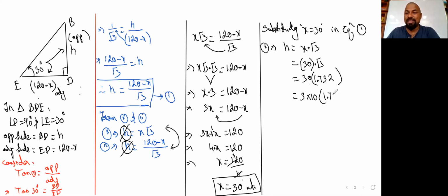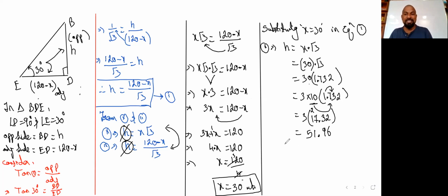So 1.732, now I'm taking this 10 and multiplying inside. Then what will happen? The decimal place will jump one more point forward. That is 3 into 17.32. Now let us multiply 3 inside. 3 times 2 is 6, 3 times 3 is 9, 3 times 7 is 21, 3 times 1 is 3, giving 51.96.